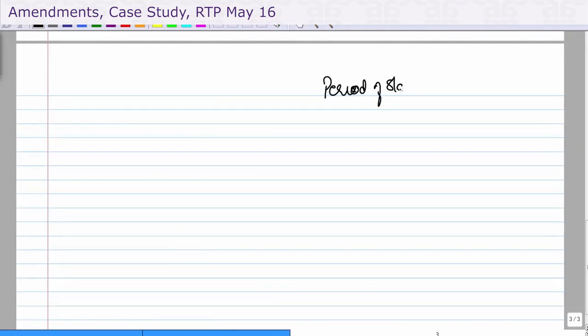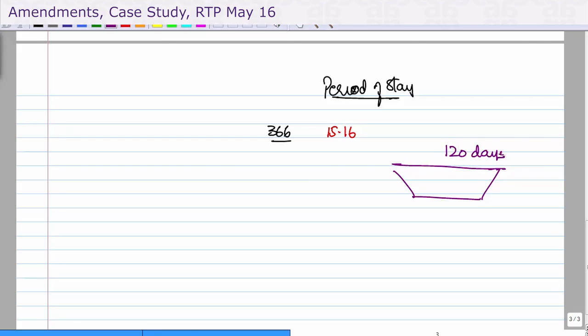outside India, it was seen that if a person, let's say the year has 366 days in the year 15-16, if a person is sailing and he is sailing for, let's say, 120 days on a ship, his contract is for 120 days. Ideally, we have 246 days in India.